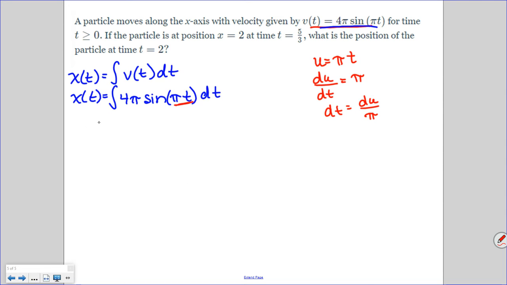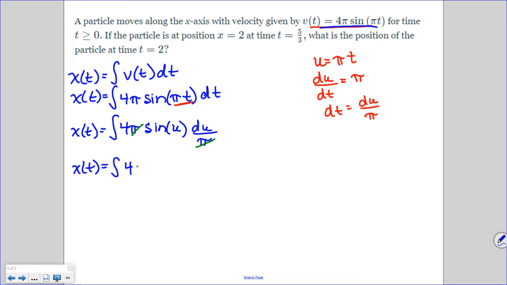So when I rewrite this, position is the integral of 4 pi times the sine of u du over pi, which means that these pi's are going to divide out. Now I have that x of t equals the integral of 4 sine of u du.